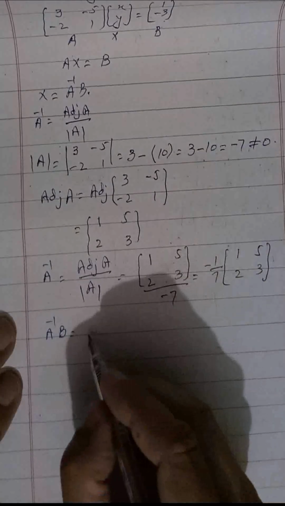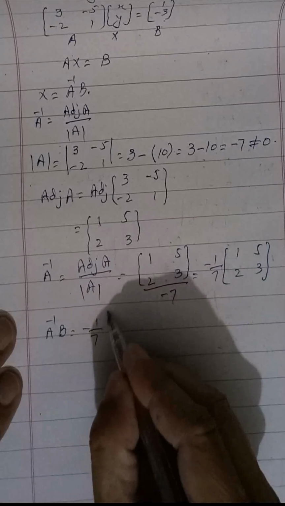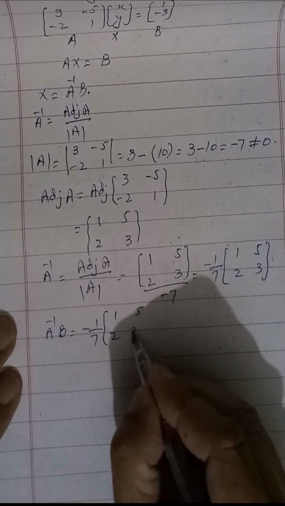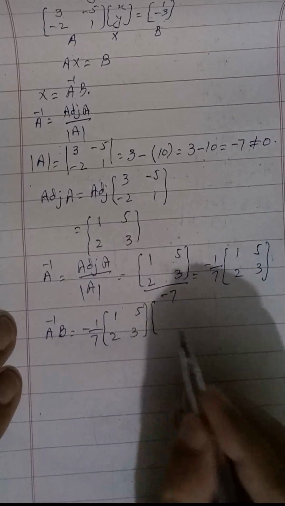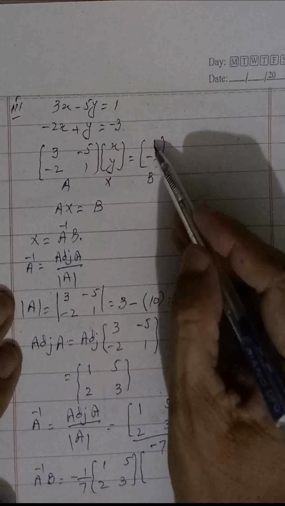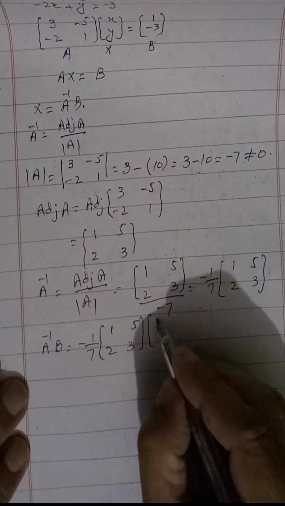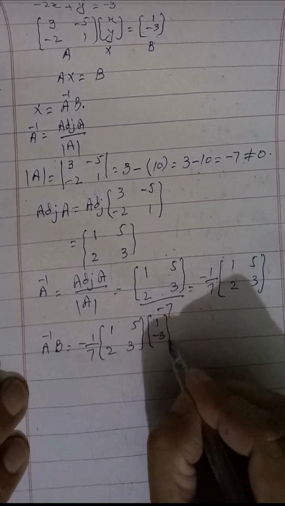Now when we find the value of x, we first take A inverse B. A inverse is equal to -1 over 7 times [[1, 5], [2, 3]], and B is [1, -3].